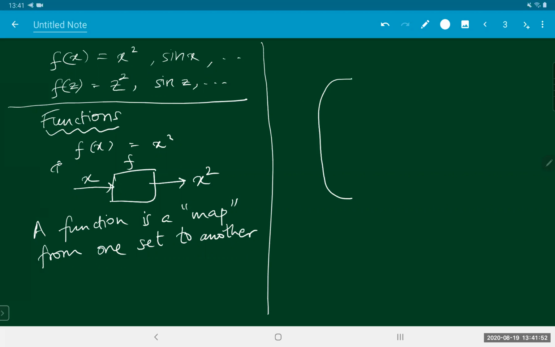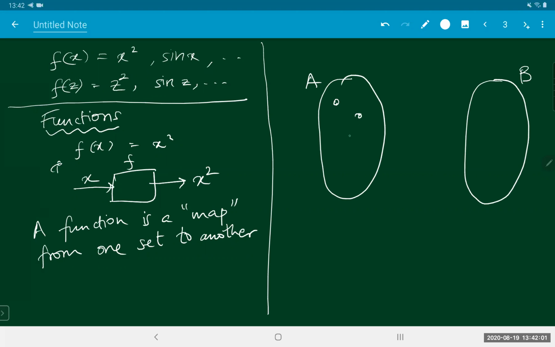Suppose I have one set A and I have another set B. And these sets have certain elements in them. These are not potatoes.